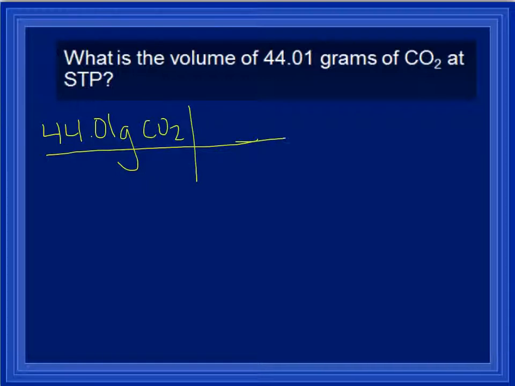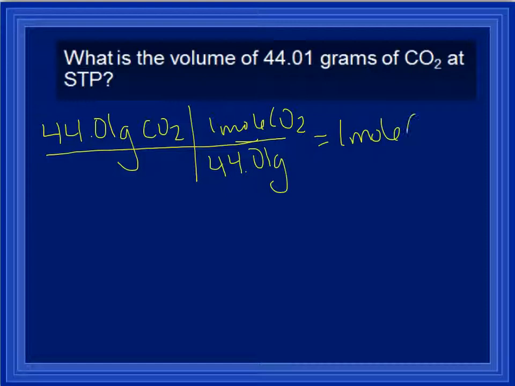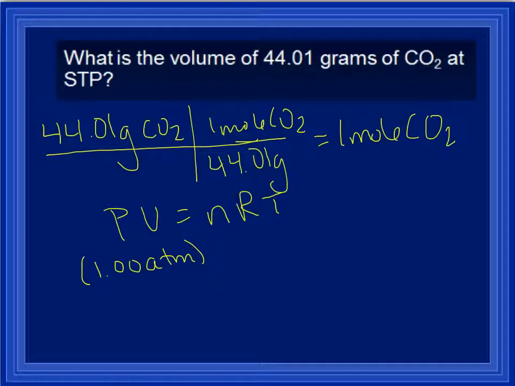In 1 mole of CO2, there are 44.01 grams. So this is equal to 1 mole of CO2. Now, using PV equals nRT, we have the pressure, which is 1 atm, which we got from the standard pressure. We're trying to find the volume. The moles is 1.